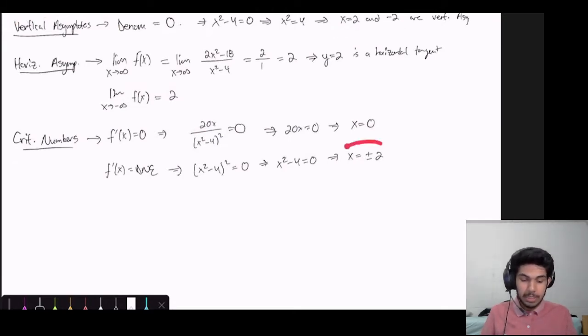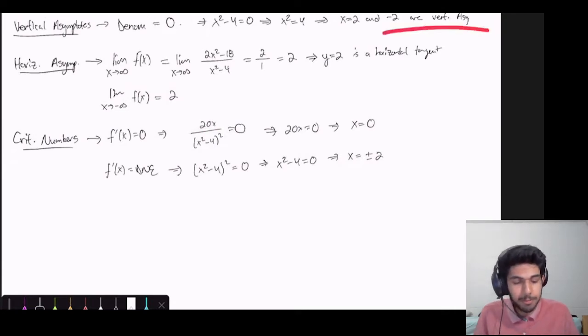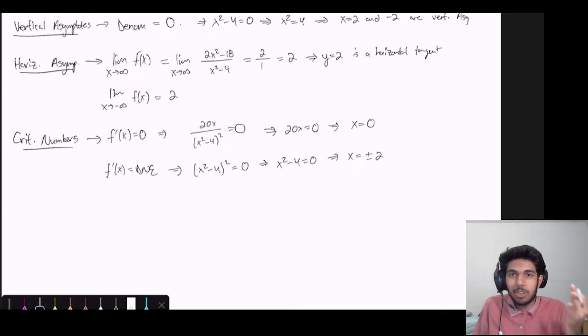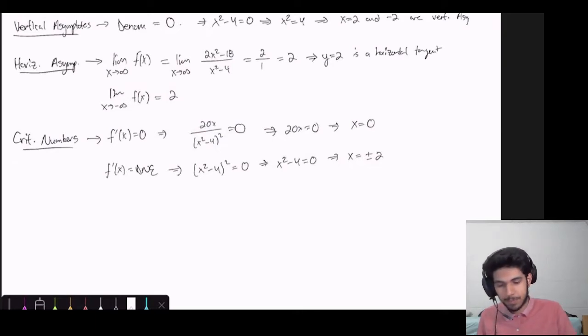So that should be prompting us to think that, even though we have critical numbers here, those aren't going to be any sort of maxima or minima because we have a vertical asymptote there. So the function's not really defined there, it's undefined because the denominator equals 0. So we have these critical points, but they're not going to be maxima or minima.